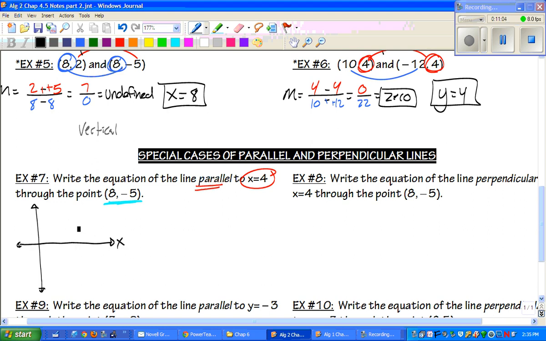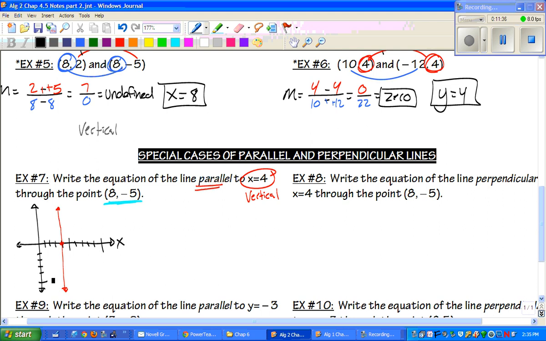Okay, here's our x-axis. We got 1, 2, 3, 4, 5, 6, 7, 8, 9, 10. All right, so x equals 4. You go to 4, and then you have to draw your line, okay? Remember, when it's an x equals, it's a vertical line. So I want a line that's parallel to that, but it's got to go through that point 8, -5.